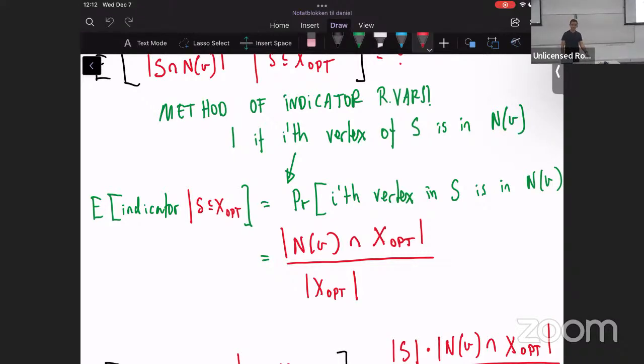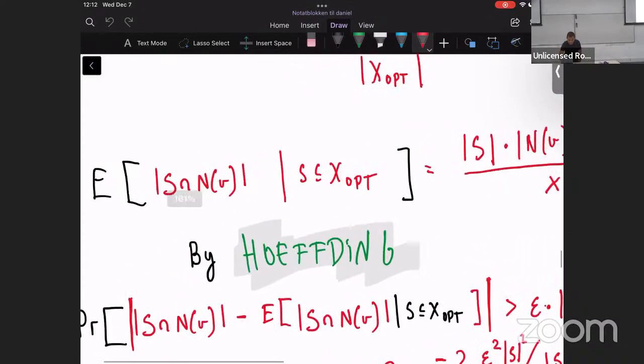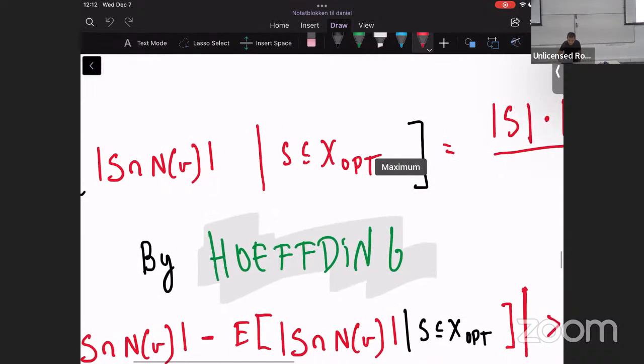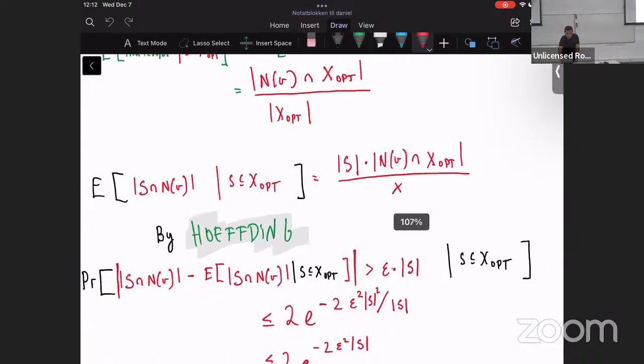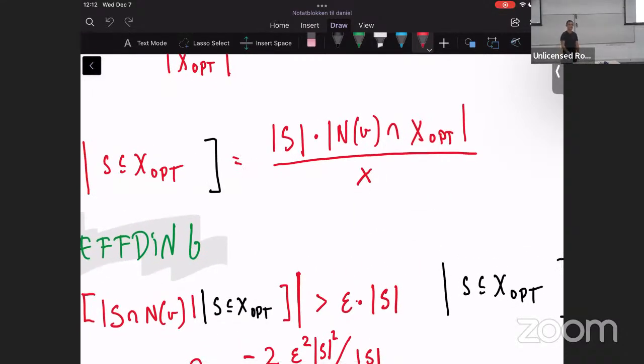You multiply that by S. So the expected value of S intersection N of v, given that you were sampling from opt, is this here. Now in particular, what we're interested in is the probability that this intersection is close to its expectation.